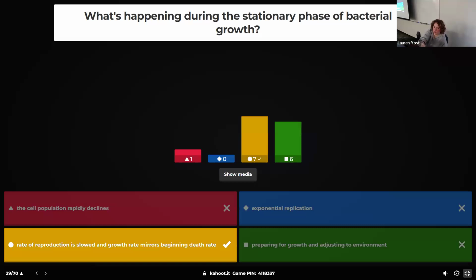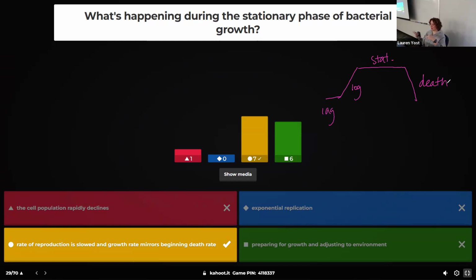Alrighty, so in our bacterial growth curve, we have lag, log, stationary, death. Okay, so in the stationary phase, what's happening is growth rate has slowed.